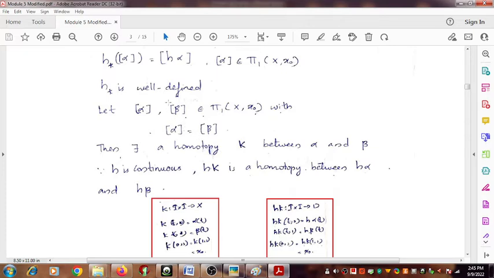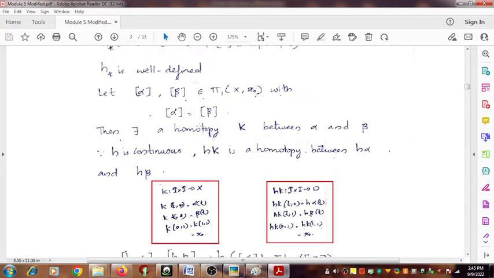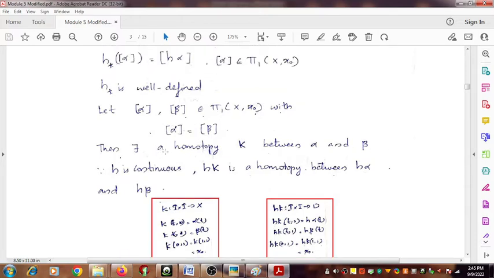But for this special occasion, in order to show that the function is well defined, for the time being you have to think that they are equal, and then we will show that the corresponding images are also going to be equal in the second group.